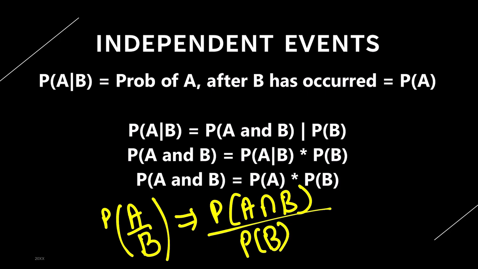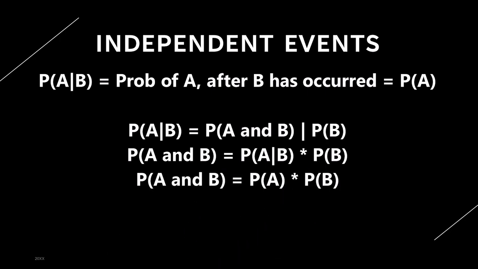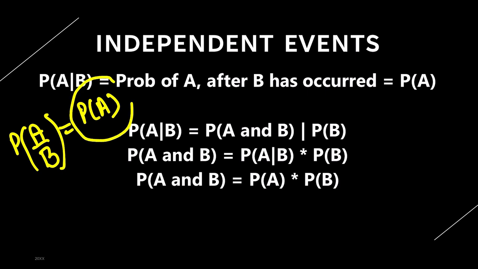Now I'm asking you, suppose A and B are totally independent, means A has no effect on B. So probability of A happening after B has already happened is probability of A. Why? Because these two are independent. They don't have dependency on each other. So B has already happened. That will not affect the probability of A. So again I am writing it again.